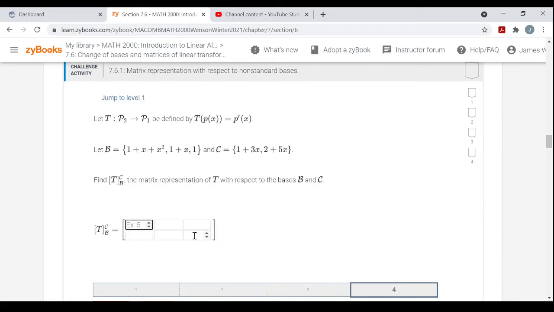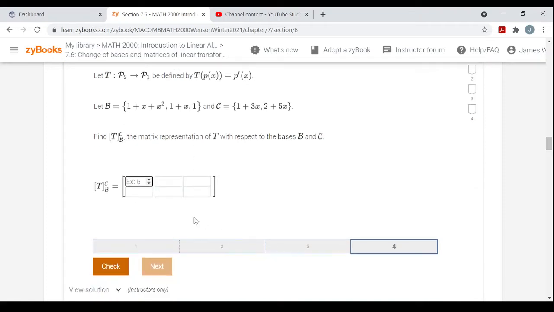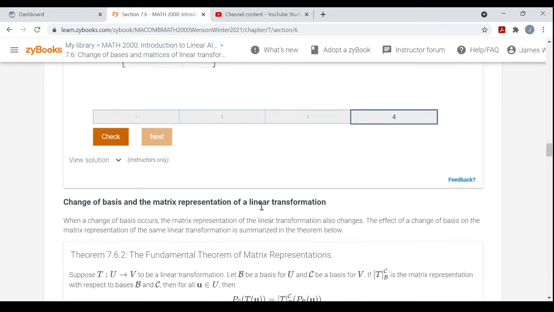And this is also the same thing. But again, this is pretty similar to the last example I showed you where you're dealing with polynomials. Just remember to convert everything to coordinates, because you're not going to be able to put polynomials in your matrices here. Okay, and then find that matrix representation.